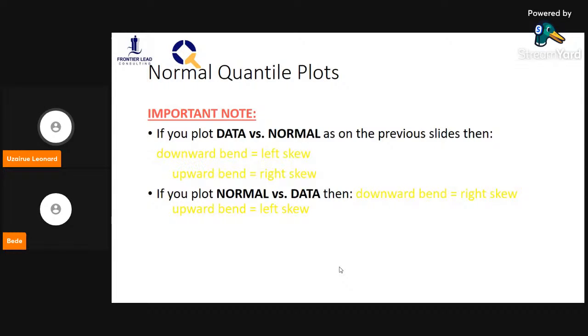Now, an important note is that if you plot your data versus normal data, as we have seen on the previous slide, a downward bend is equal to left skew.